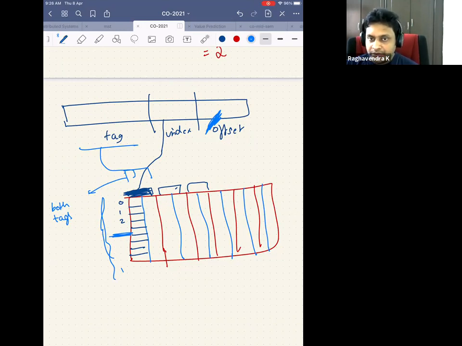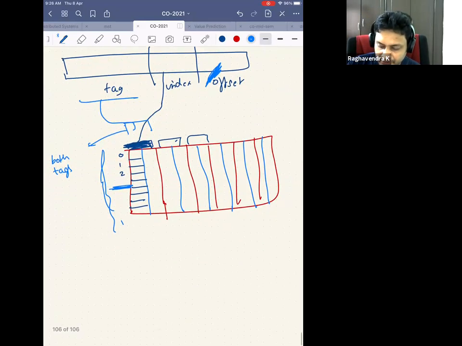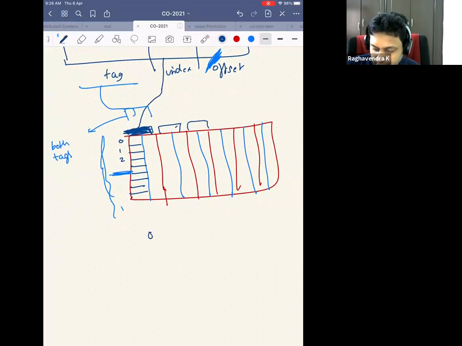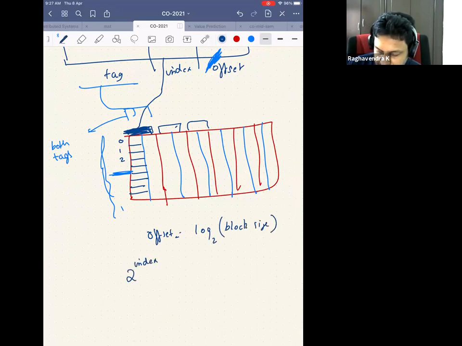Okay. So since it is clear, I will write down the formula. I just didn't want to write down this formula before because this is not actually a formula. You can always derive it. The way to handle such problems is first you find the number of bits in the offset, that is log base 2 of the block size, and 2 power index is equal to cache size divided by block size.